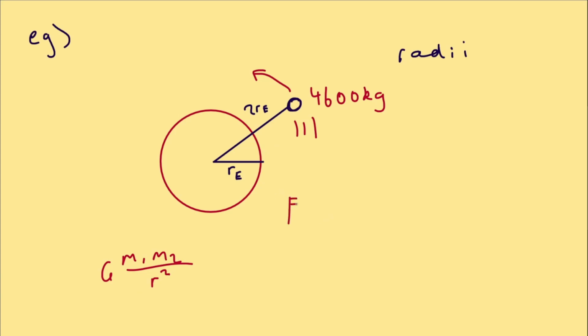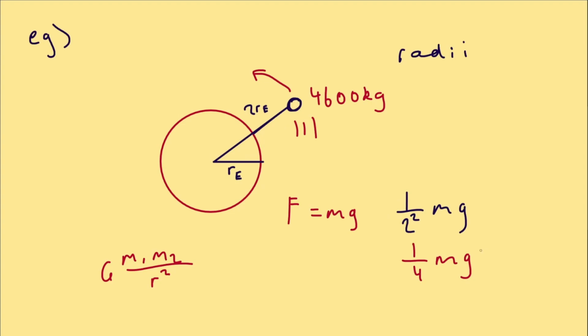Now the force of gravity at the surface of Earth is mg, that's our weight. And our satellite is twice as far, which means that because of the inverse square law, it would be 1 over 2 squared times mg, which is 1 over 4 mg. That means the satellite experiences a quarter of the weight that we experience on the surface of Earth.